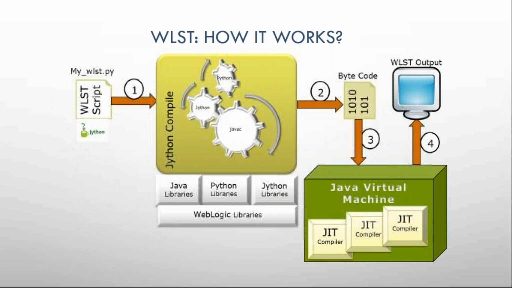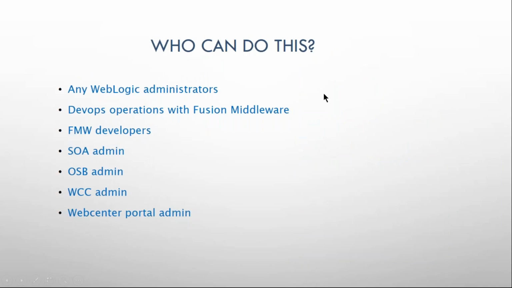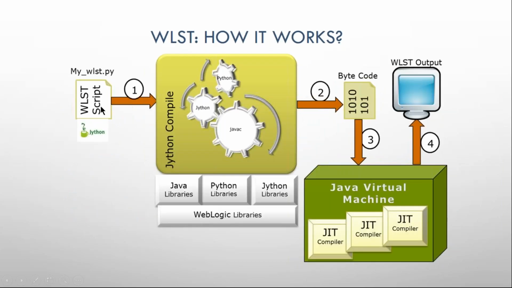How does WLST work? I'm going to write a program and name it WLST. On the left side, you can see the WLST script, my WLST.py, which is a Python script, and the Python interpreter is going to help us check the syntax.